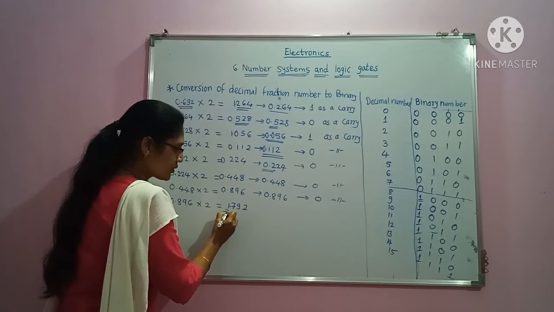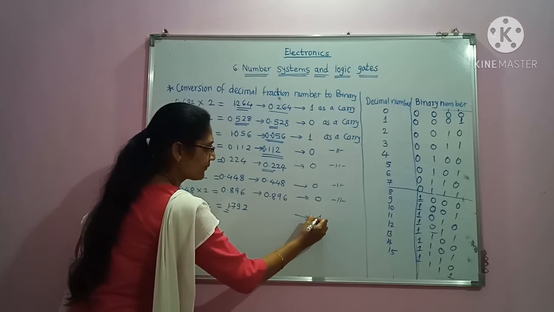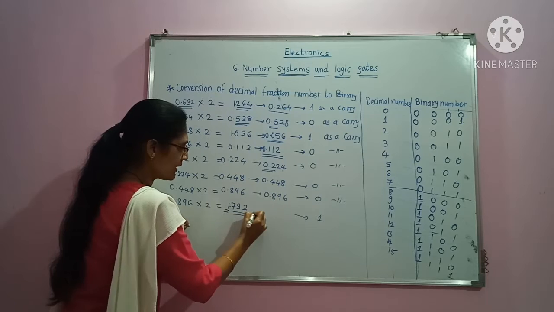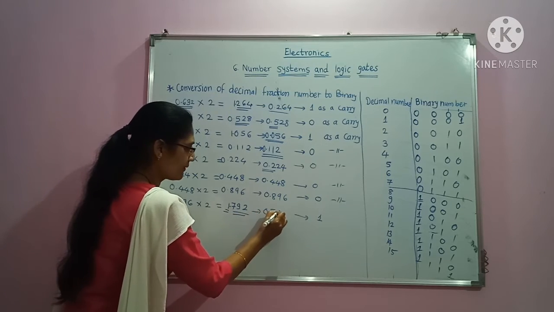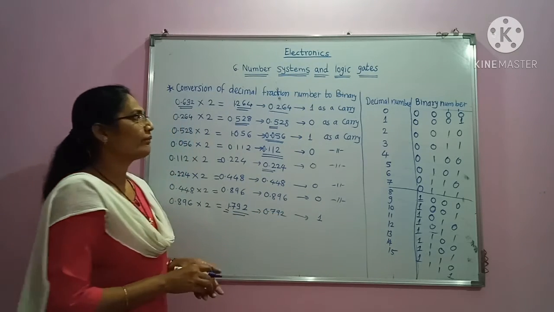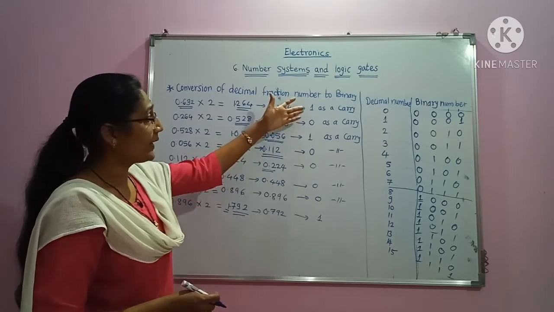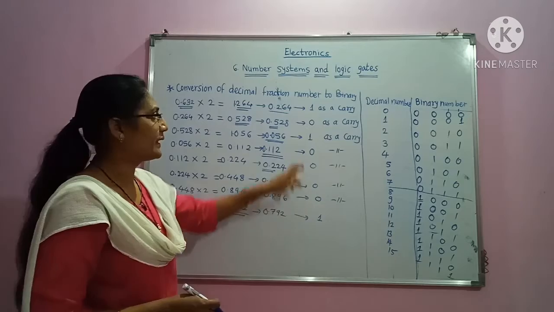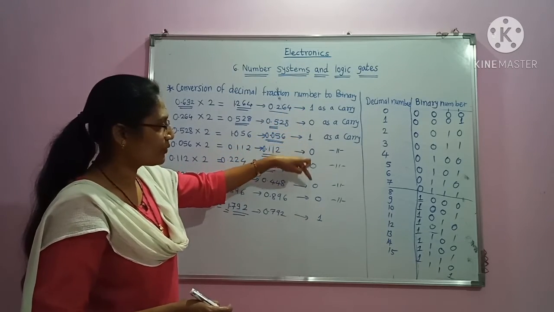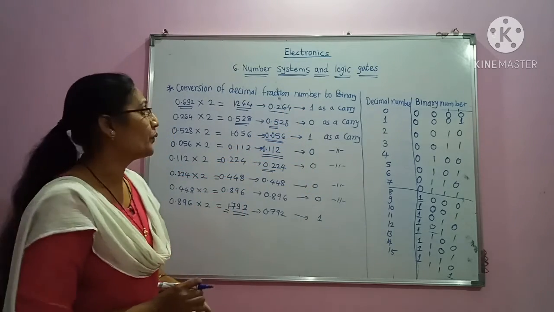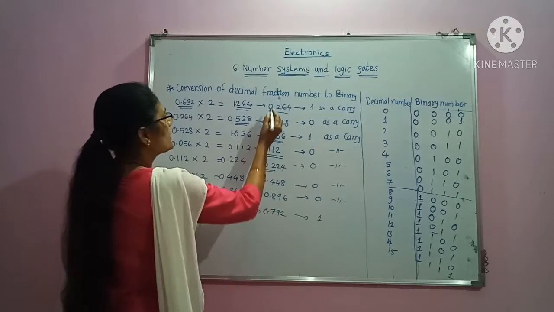This number consists of 1 as a carry and this as a fraction part. So I have reached 8, that is 8 bits, meaning 1 byte. 1, 2, 3, 4, 5, 6, 7, 8. Now it is a fraction.